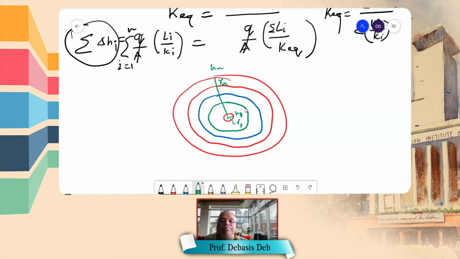Can you find that out? And all these layers have different conductivities: K1, K2, K3, and so on up to Kn. Here the radius is the difference. So can you find that out for radial flow?